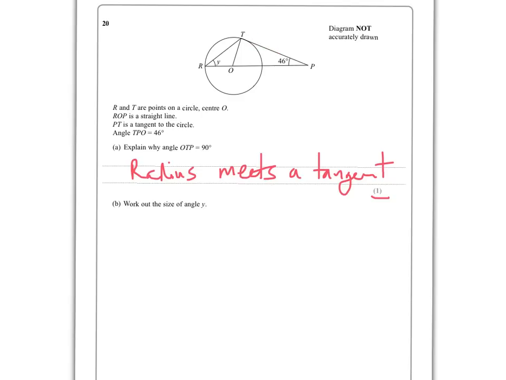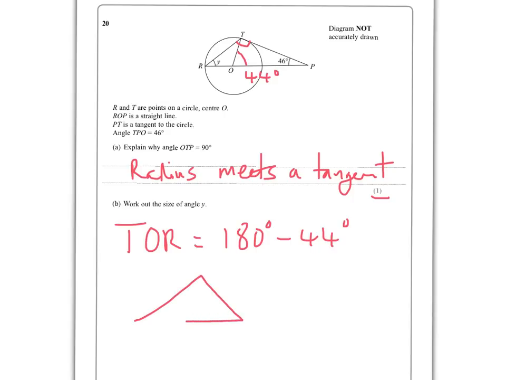We know that this is 90, which means we can work out that that's 44. In order to get TOR, we do 180 minus 44. Actually, later on you'll see we don't really need to do that. And then we've got an isosceles triangle because of the radius, that's 136, which we got from here.